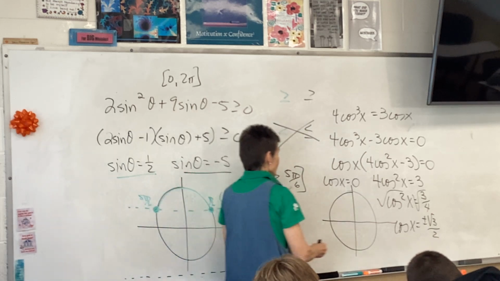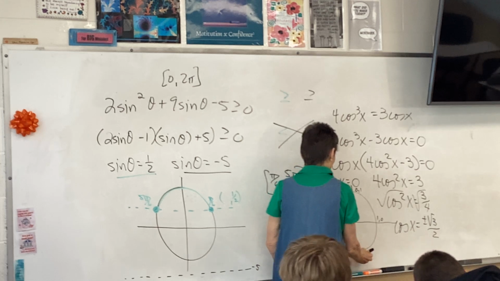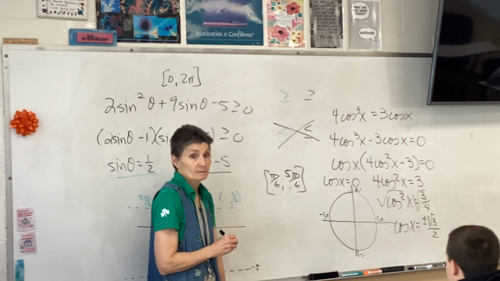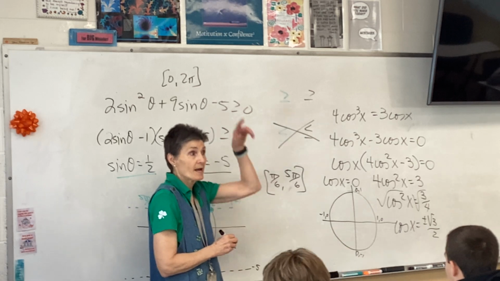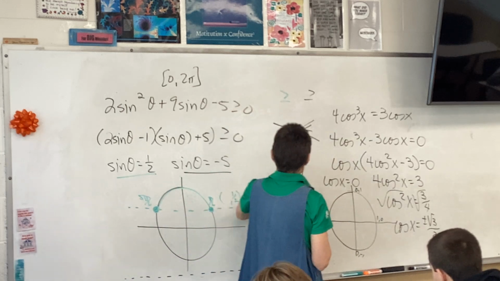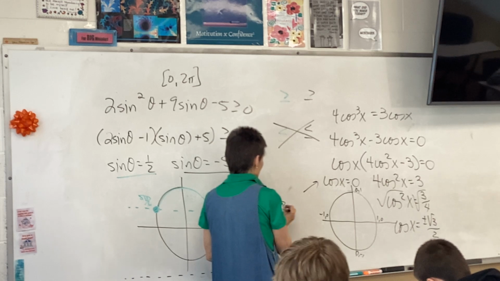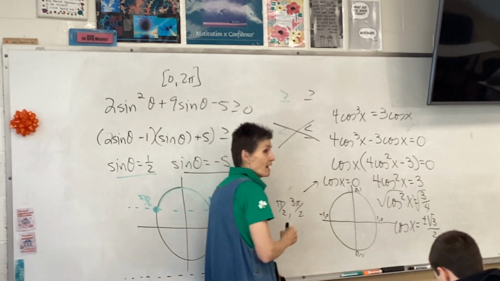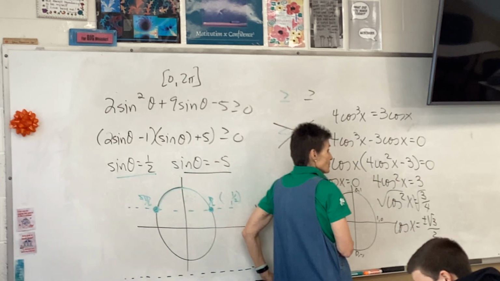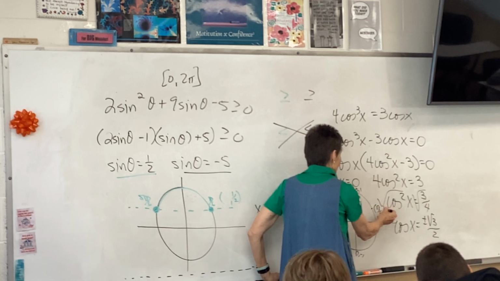So now we have to figure out where cosine is 0. Cosine is x, so that would be pi over 2, and 3 pi over 2. Everybody okay with that? And then I need a cosine, an x value, to be root 3 over 2.